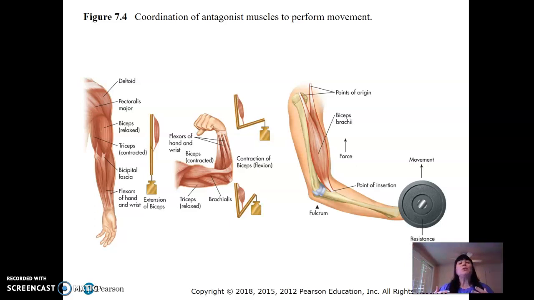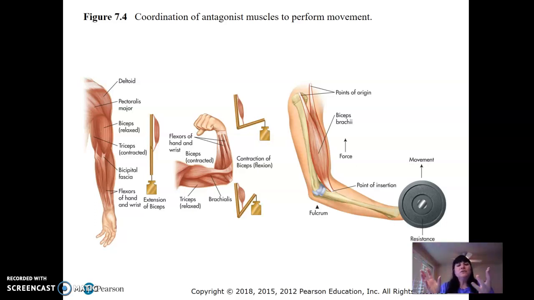And muscles work in groups generally. So biceps, there's 2 heads. They work together to shorten this way. Triceps, there are 3 heads. They work together to go this way. And usually you have a movement one way, and so those muscles shorten to get that movement. Then these muscles shorten to get that movement.